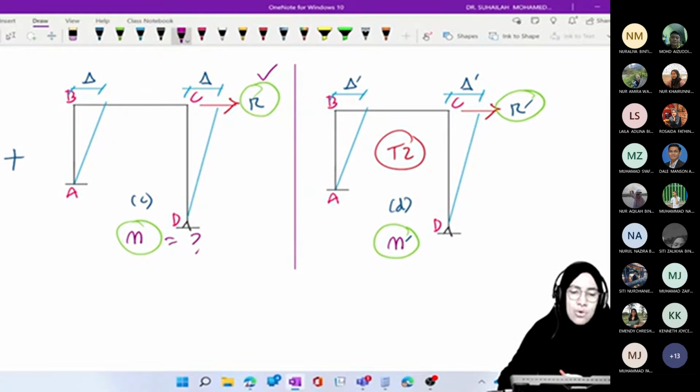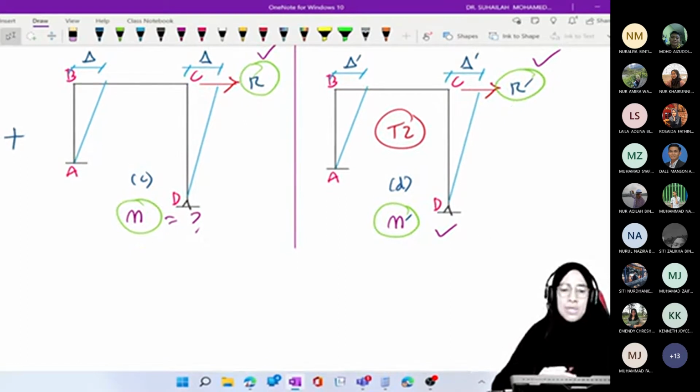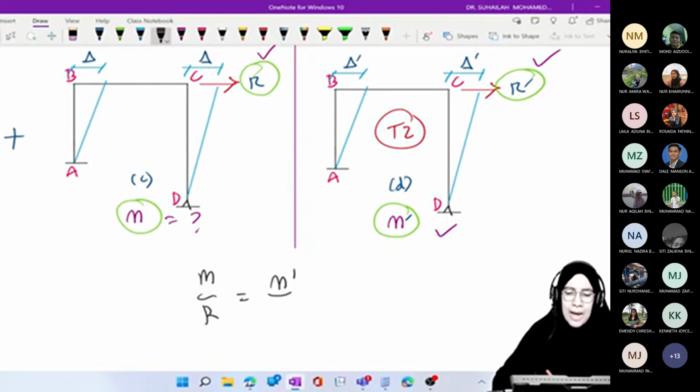Under diagram D, R prime and M prime are known values. So we have these four with one unknown, so we can do interpolation, comparing between C and D.